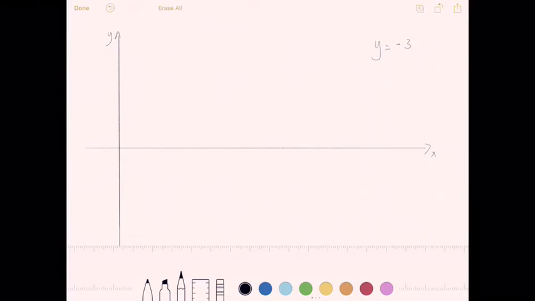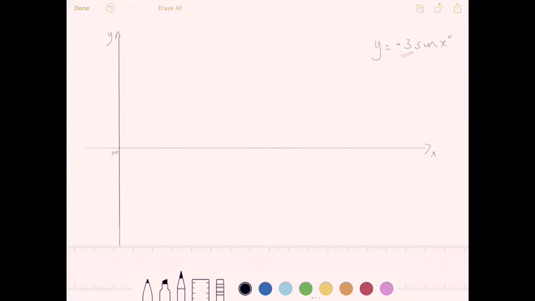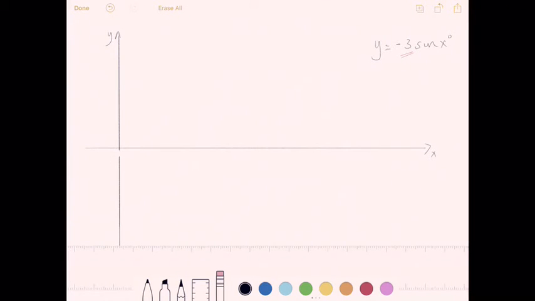Next graph we're going to sketch is y equals minus 3 sine x degrees. So again, because it's a negative coefficient in front of sine x, the graph is inverted, but it will be a minimum at 90 degrees of -3 and a maximum at 270 degrees of 3.